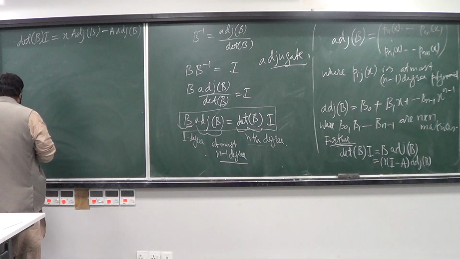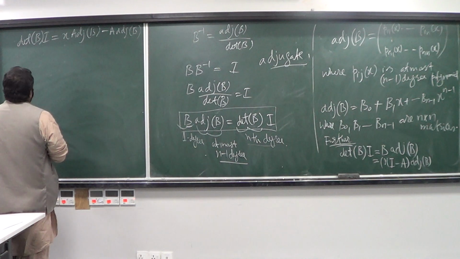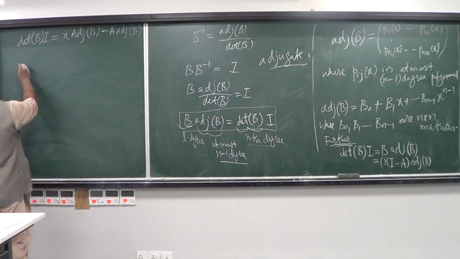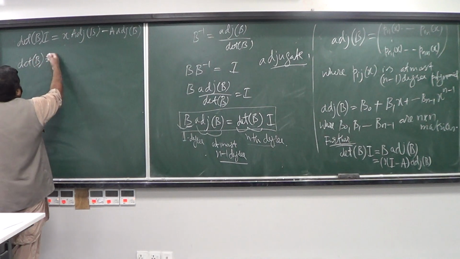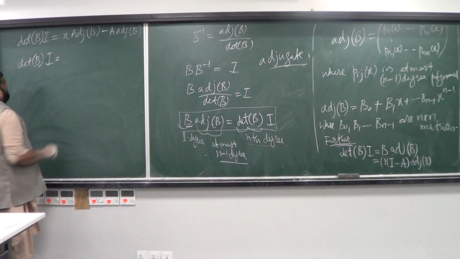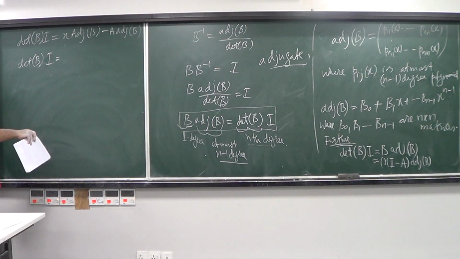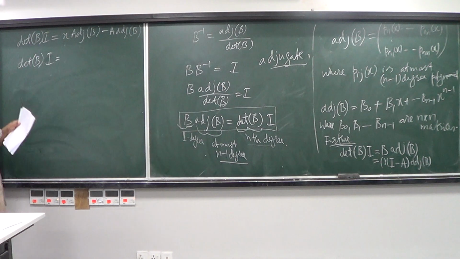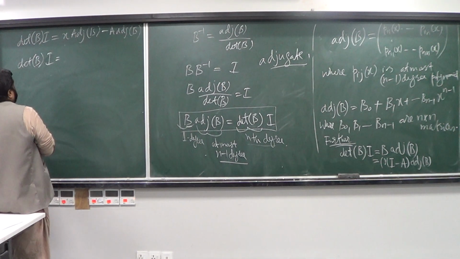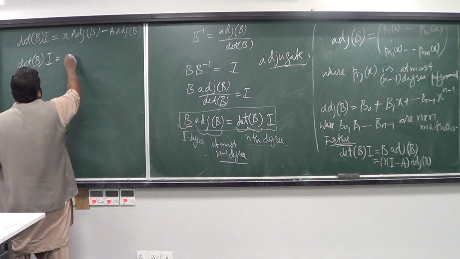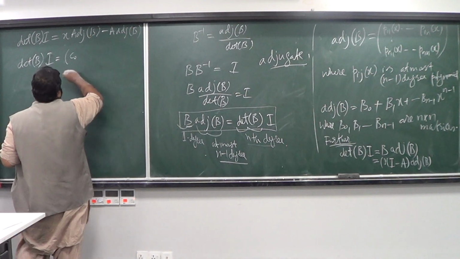Now let's compute the determinant of matrix B multiplied with the matrix I. The determinant of the matrix B is this polynomial. What is this polynomial?